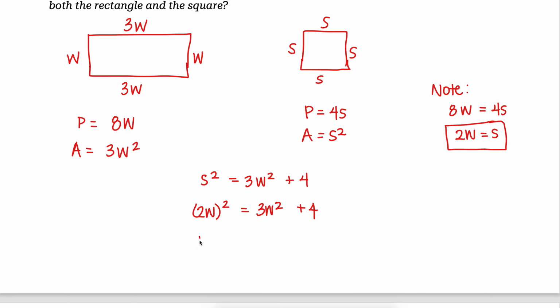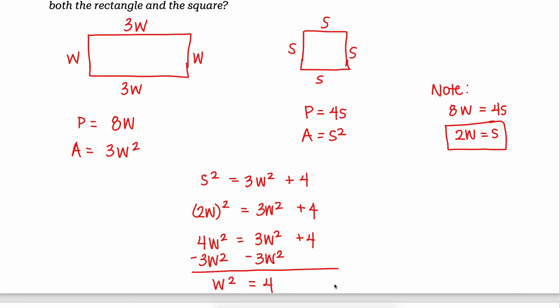So I get 4W squared equals 3W squared plus 4. We subtract 3W squared from both sides. I'm running out of space here, but we'll make it work. We get 4 minus 3 is 1W squared, or just W squared. So W squared is 4.